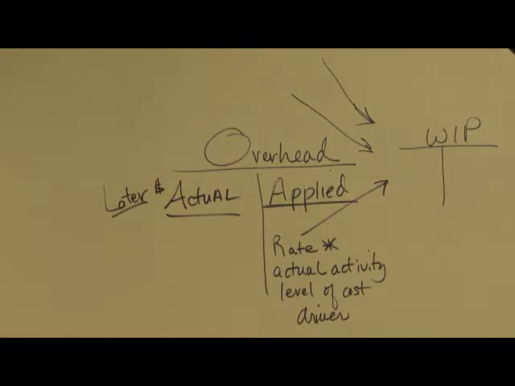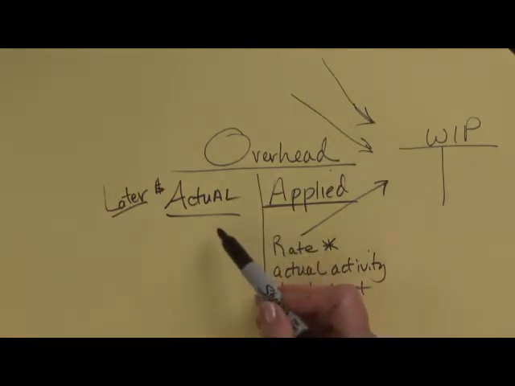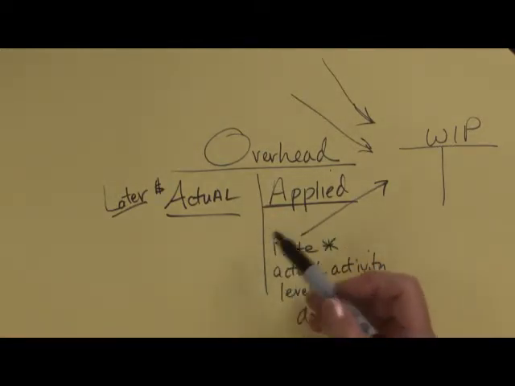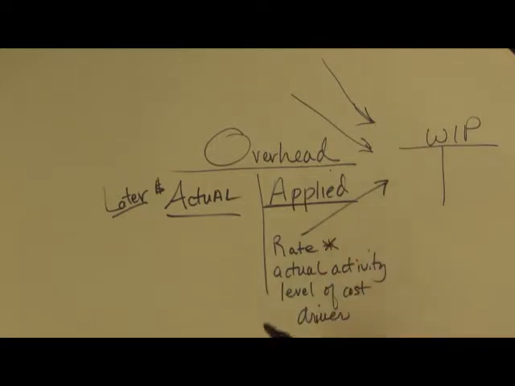And it's very likely that the actual amount will not be the same as what we applied, because again, remember that our predetermined rate was based on 2 estimates. So when our estimates are off, the applied amount will very seldom equal the actual amount of overhead for that period.